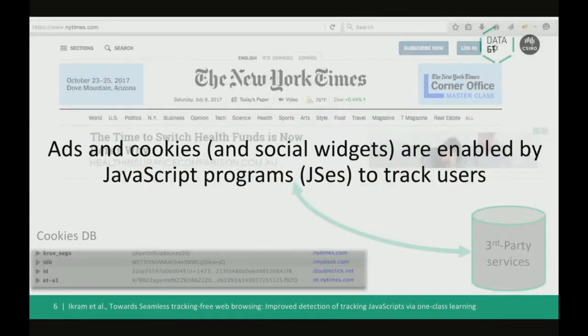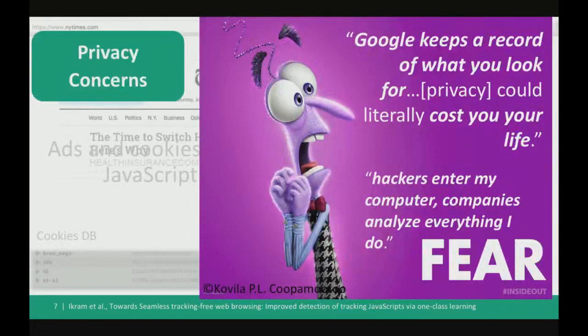So ads, cookies, and social widgets that are enabled by JavaScript programs track users. One of the speakers on Tuesday pointed out that users normally feel fear and concern about their privacy because Google and others, in this case our term is trackers, continuously track users, enter into user computers and devices, analyze whatever they are doing on the web, and take a huge amount of data about their online presence.